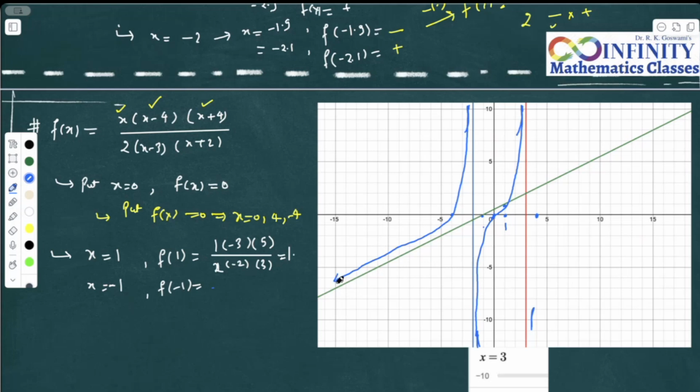Are you getting the point? In some shorter range, it may intersect without any issue, because this area is not infinity. This area is from like -2 to 3. It is not infinity. So here the graph may intersect the asymptote, but as x tends to infinity, the graph will not intersect the oblique asymptote. Similar situation is there, like we discussed.